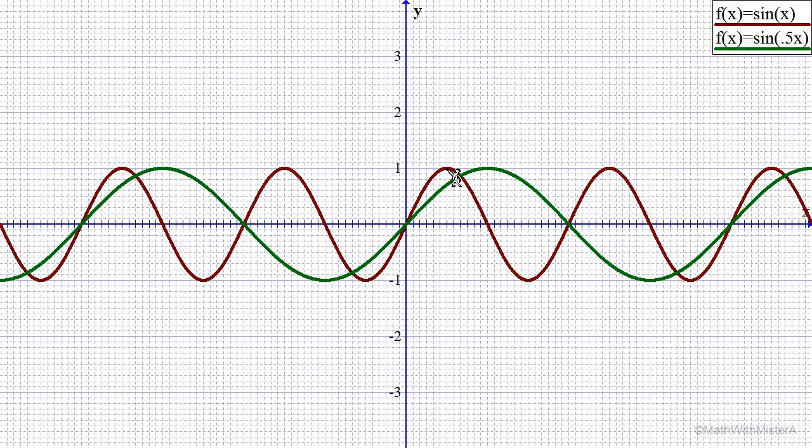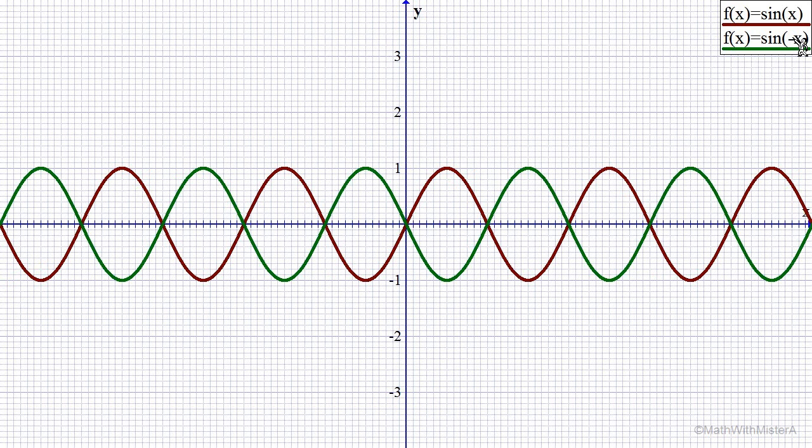Our peak right here, which occurred at 90 degrees, now is occurring at 180 degrees after this multiply by 2. This intercept after 180 degrees is now intercepting after 360 degrees. Again, that's because we take those values and divide by the coefficient. Divide by 1/2 is why we're doing the multiply by 2.